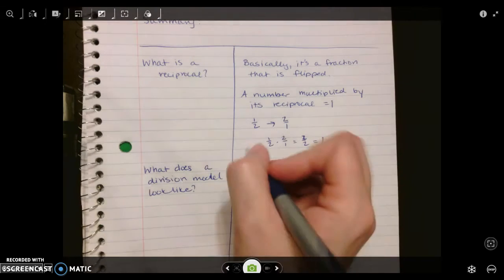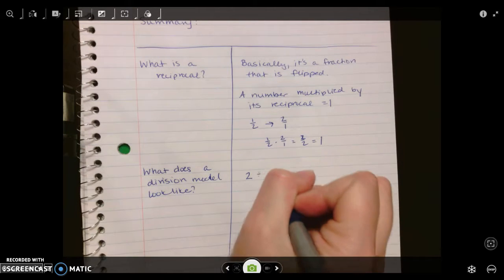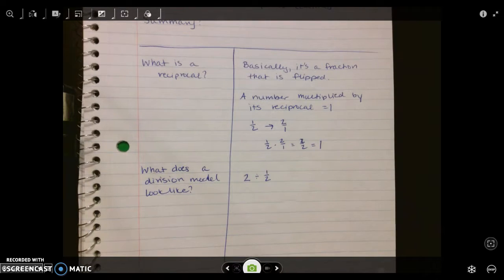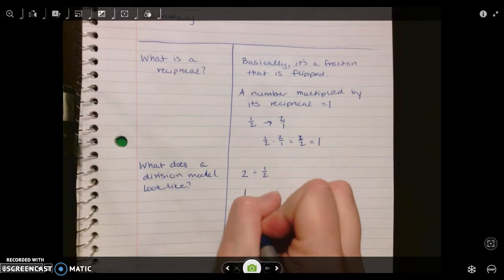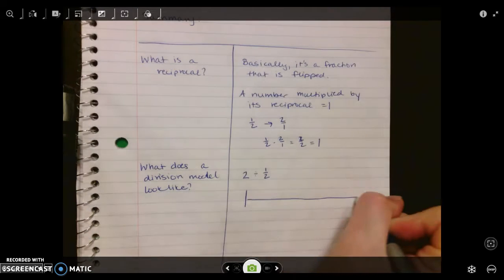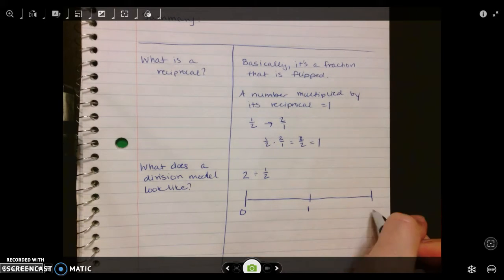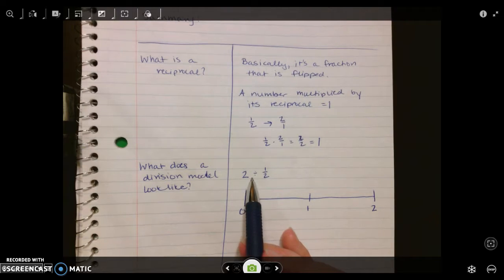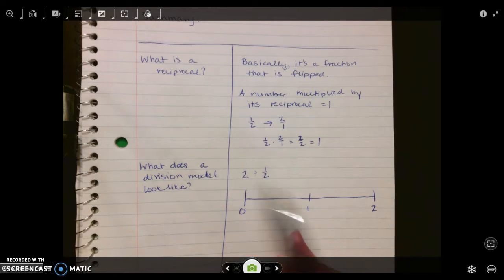Say, for example, we had 2 divided by 1/2, and I'm just doing that because I know it's going to be a pretty easy model for me to make. So I want you to think about a number line, and I'm just going to have 0, 1, and 2. The concept behind division is I want to know how many groups of 1/2 can go into 2.